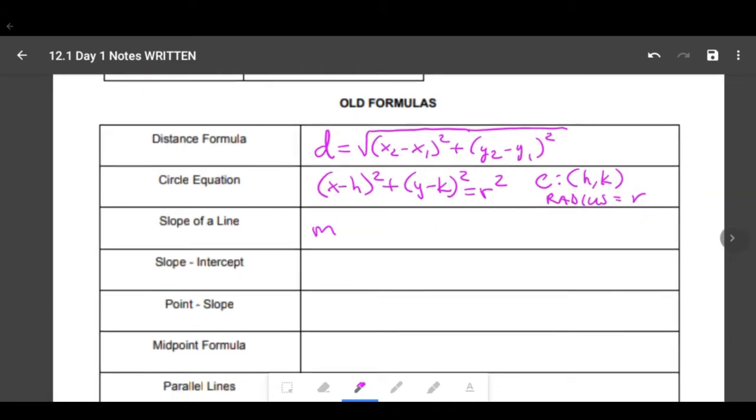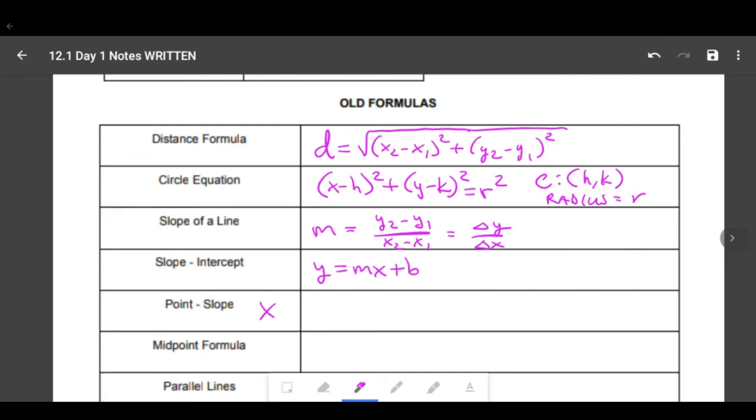We just use the letter m is equal to the difference between the y's over the difference between the x's, right? You've got delta y over delta x, rise over run, however you want to phrase it. You've been doing that for many math classes. Slope-intercept form, well, that's just when you write the equation of a line, y equals mx plus b.